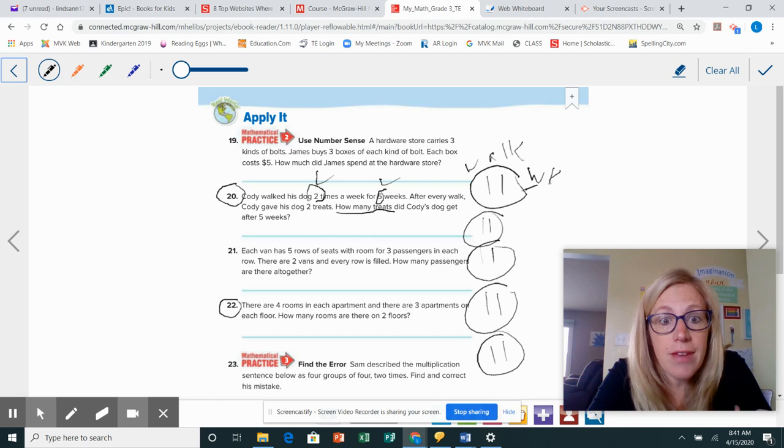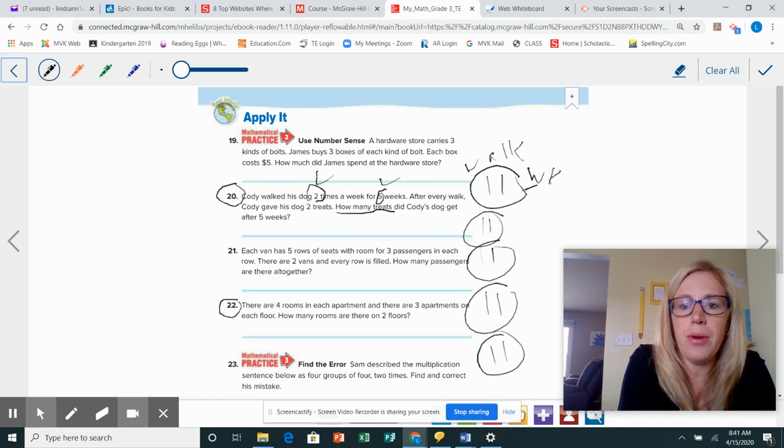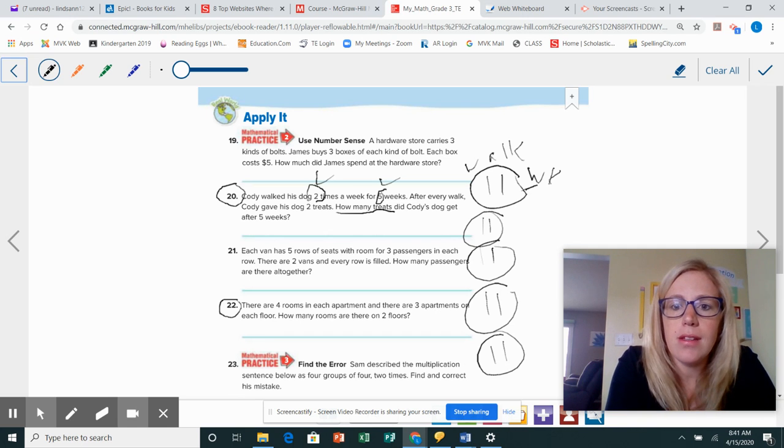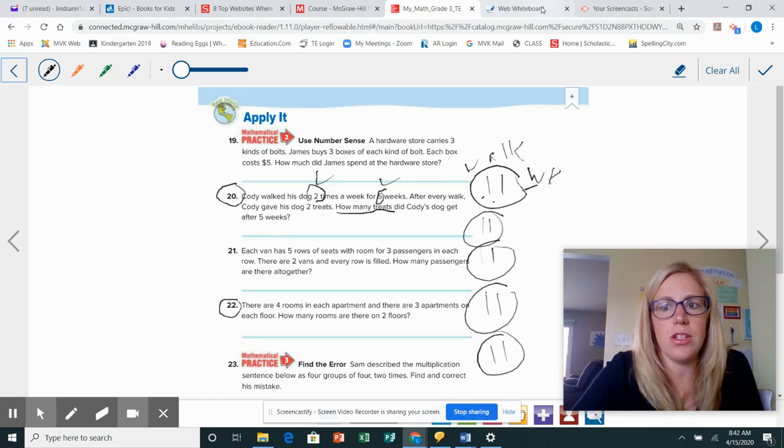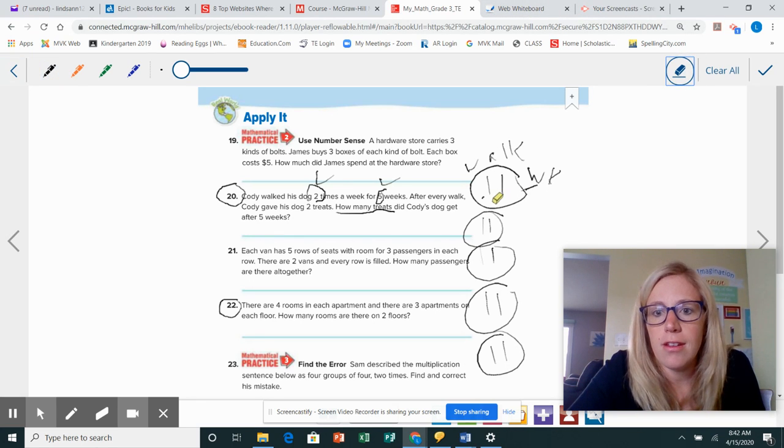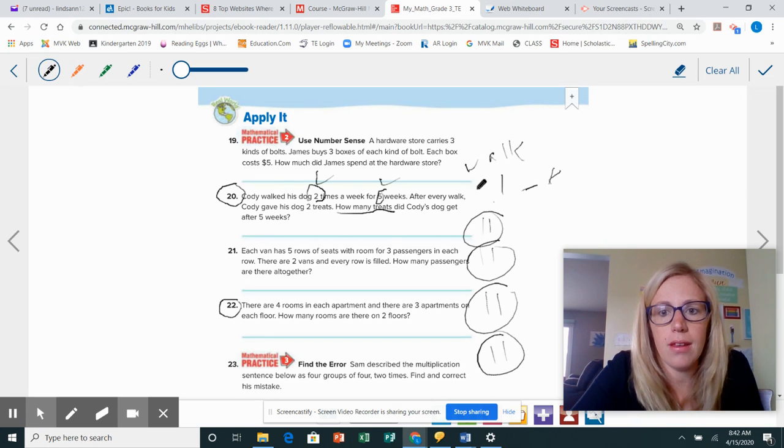After every walk, he gave his dog 2 treats. So I'm going to put something to represent the treats. So each walk gets 2 treats. Let's try to do that in a different color so you can see. Okay.